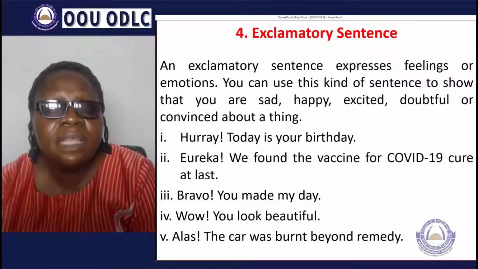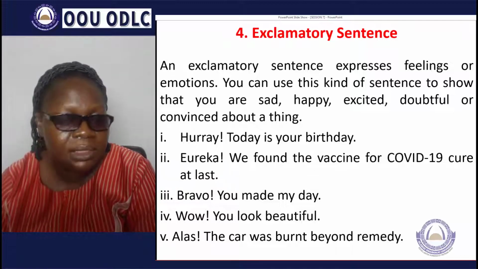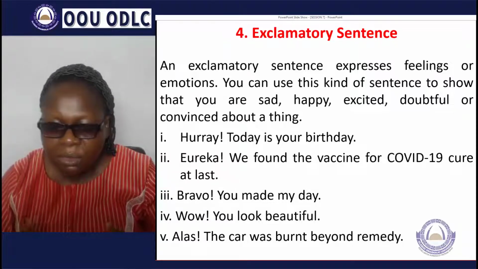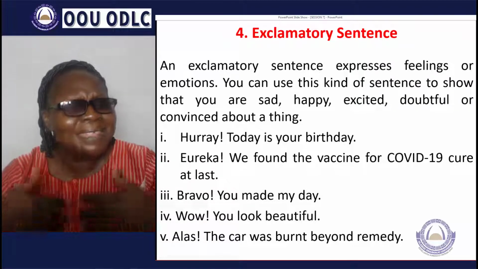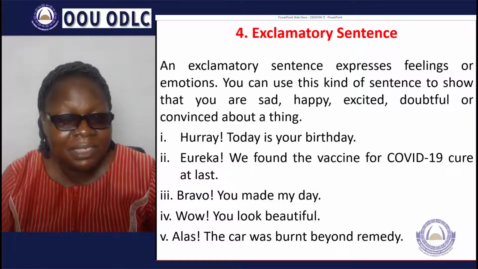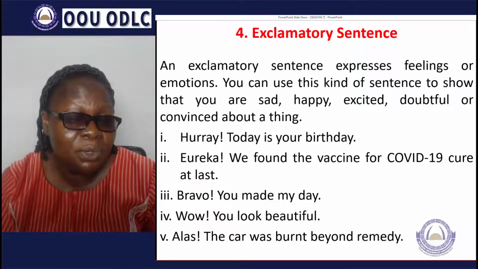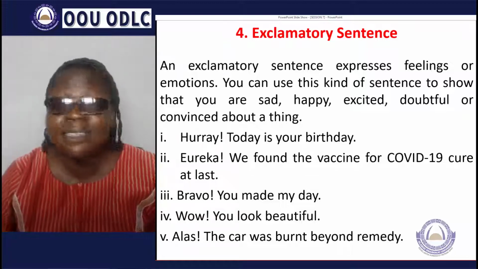The fourth type of sentence, according to function, is the exclamatory sentence. An exclamatory sentence expresses feelings or emotions. You know, sometimes you are happy, and sometimes you are sad. Sometimes you are excited. Sometimes you've just received an alert telling you that some amount of money has been dropped into your account, and so you're excited, you're happy, you're smiling, you're greeting everybody.